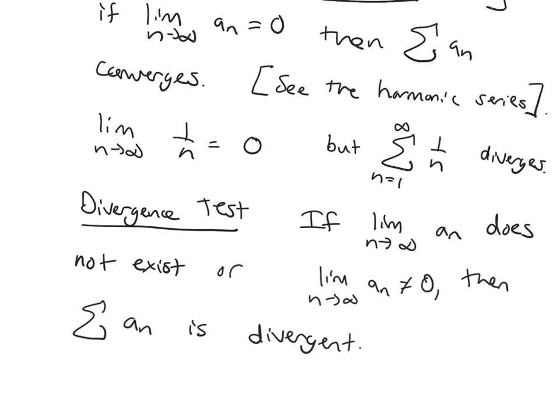So if you calculate a limit and get anything other than 0, you automatically know that it diverges by this test.